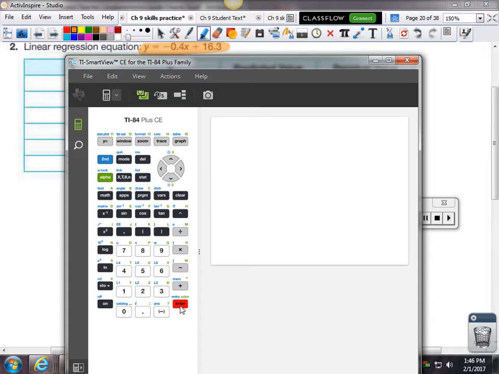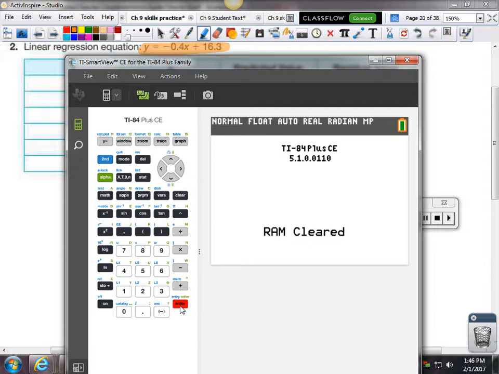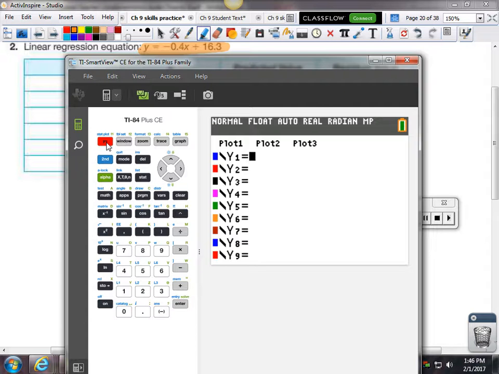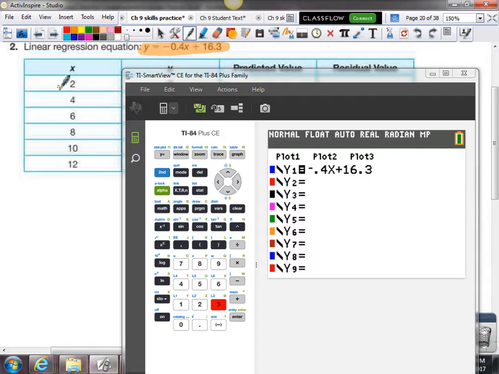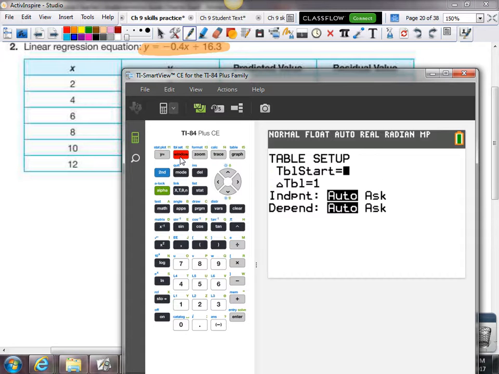I would recommend you do that. Go to your y equals and type that in, negative 0.4x plus 16.3.